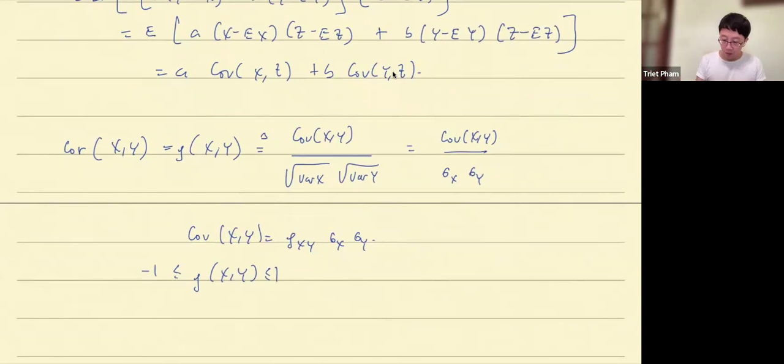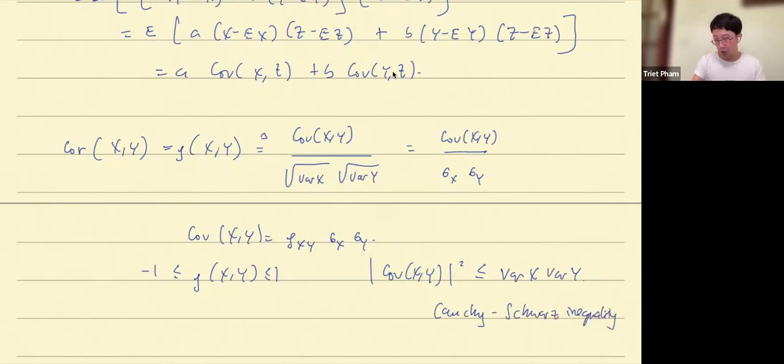The reason why correlation is between -1 and 1 implies something like this: covariance squared is less than or equal to variance of X times variance of Y. The reason is that this is one particular case of something called the Cauchy-Schwarz inequality, which is a special case of something called the Holder inequality.